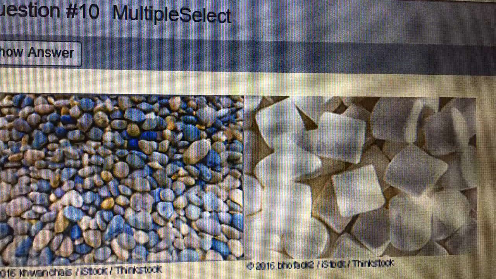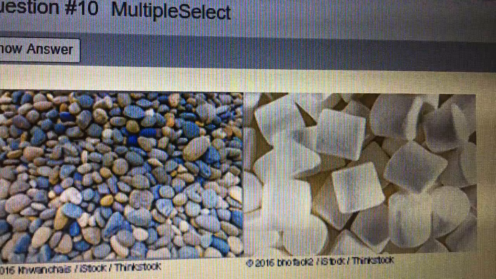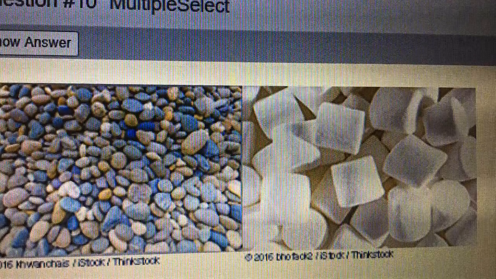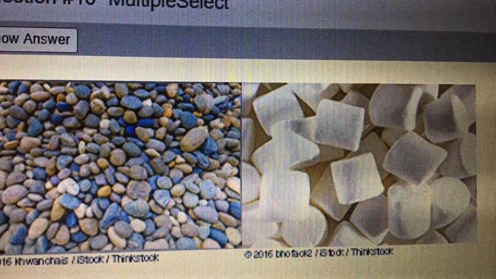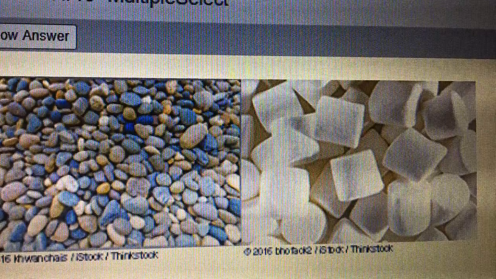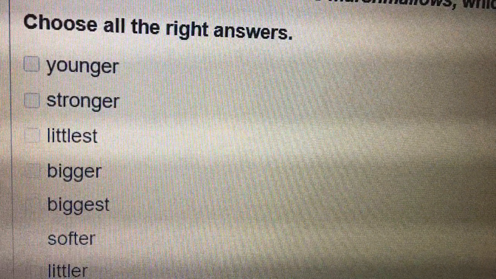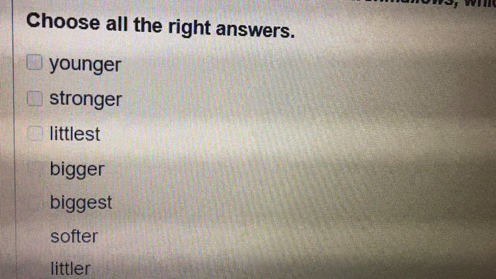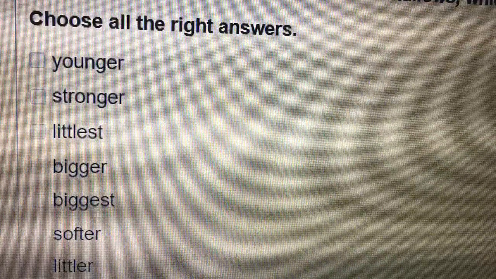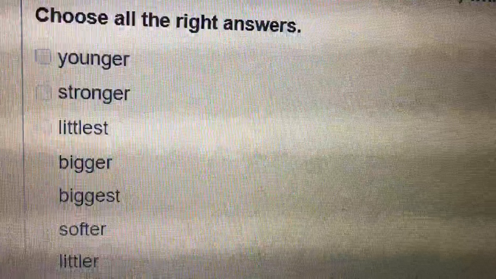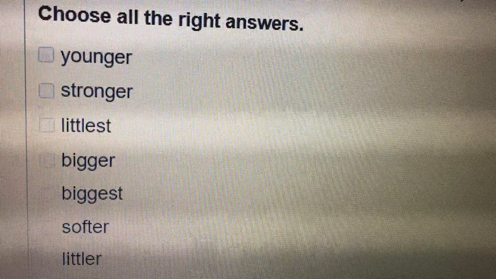Younger, stronger, littlest, bigger, biggest, softer, littler, hardest, softest, harder, weaker, slower, older, faster. There are 2 correct answers.